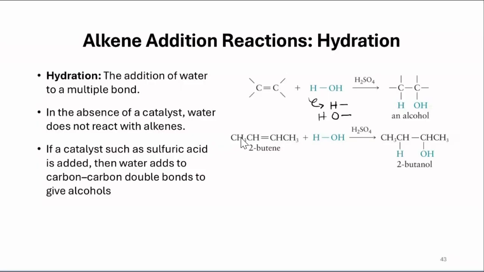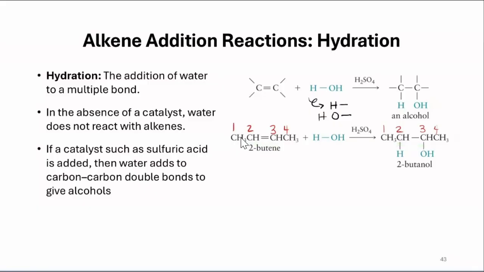We can see the example below that illustrates how 2-butene undergoes hydration. If I number the carbon atoms in 2-butene, this is 1, this is 2, this is 3, this is 4. And if I number the product, this is 1, this is 2, this is 3, and this is 4, I can observe that the double bond used to be between carbons 2 and 3. And when I'm predicting the product of this hydration, we can observe that between carbon 2 and 3, we went from a double bond to a single bond.